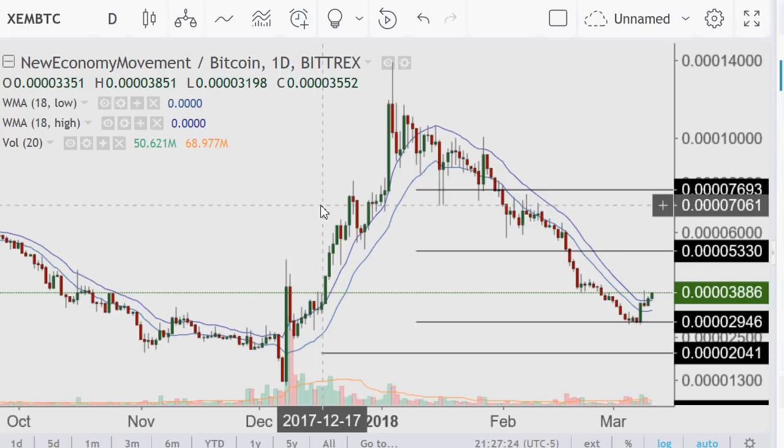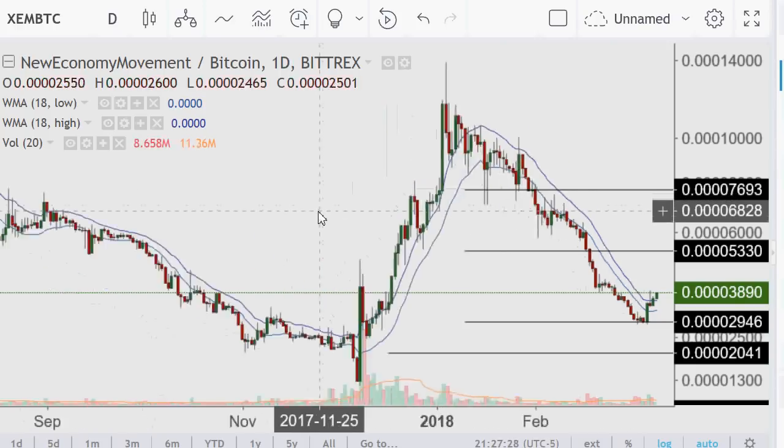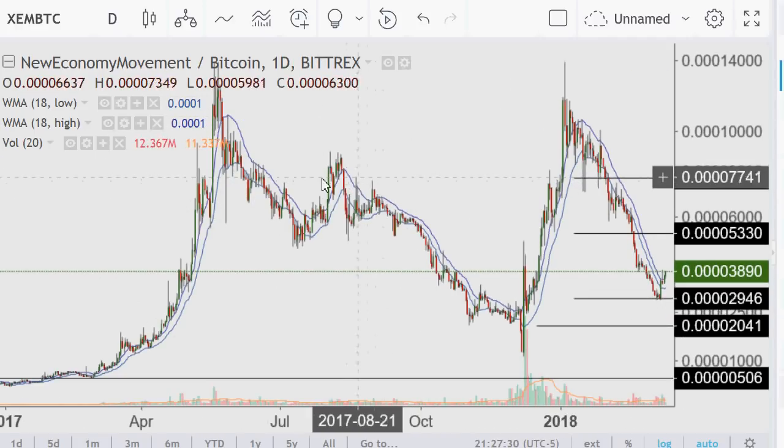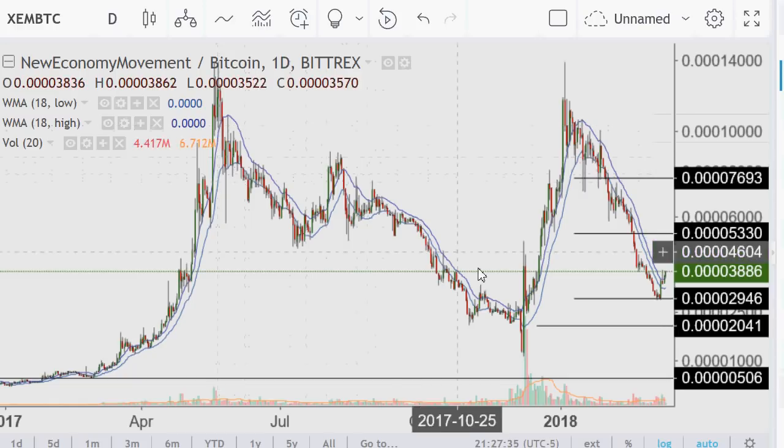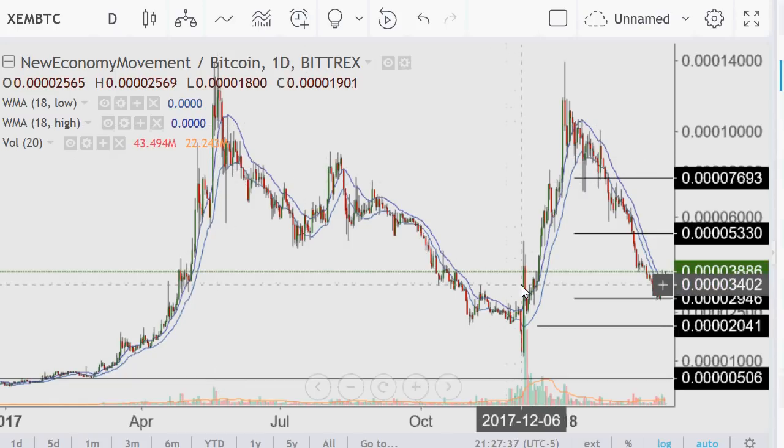Markets go up usually a lot faster than they go down. This down move was from late May to early December. So that worked out to a little over 6 months.